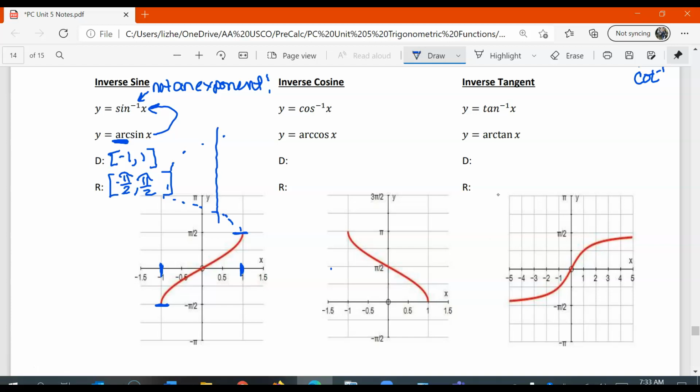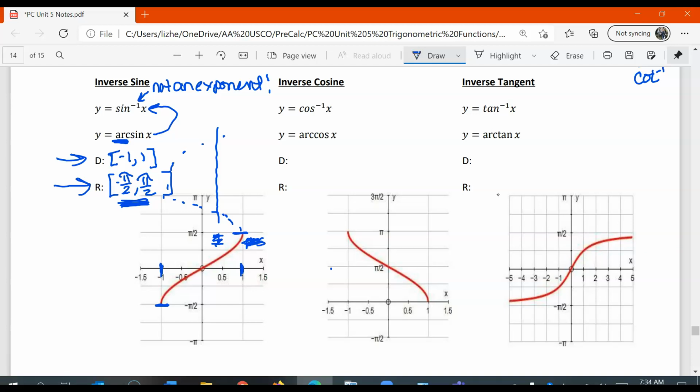And that is why we limit our domain, and we also limit our range. Okay, let's see. Please notice on this, because of this range, that over here in quadrant 1, we are positive. And over here, well, I'm going to get to that later, because that'll make more sense later.